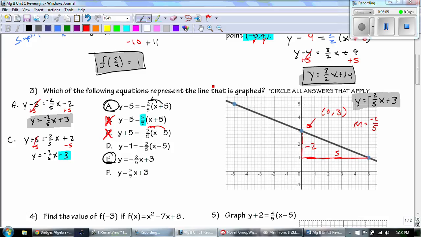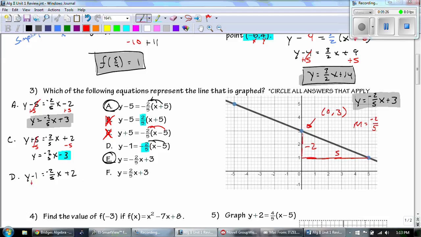Okay. D. So D is promising because it's got the same slope. So I'm going to go ahead and distribute. So I have y minus 1 equals negative 2 over 5x, and this is going to be plus 2.